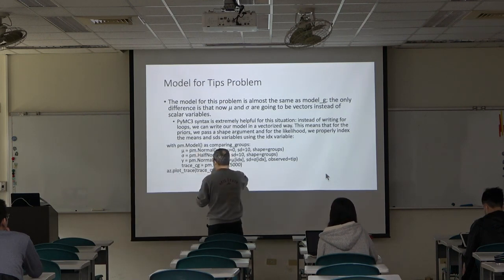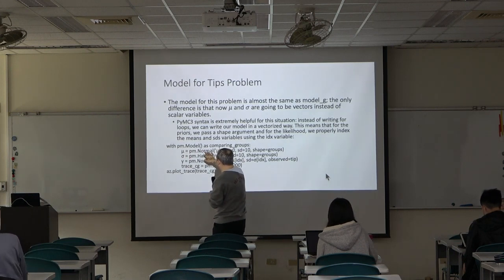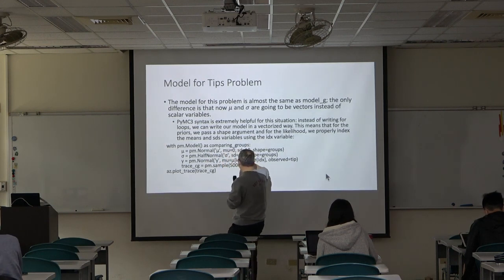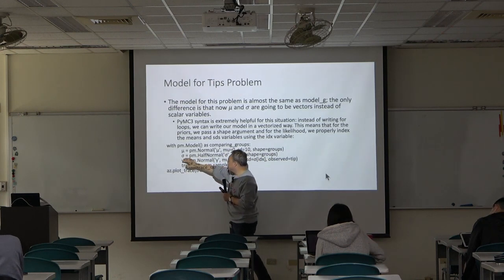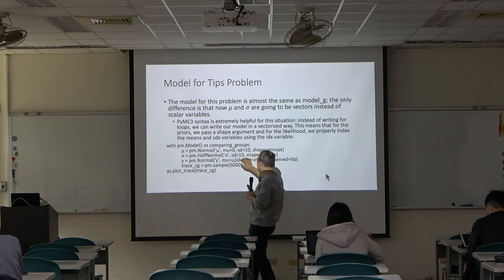So mu is distributed as a normal distribution, and sigma is distributed as half normal, with standard deviation 10.